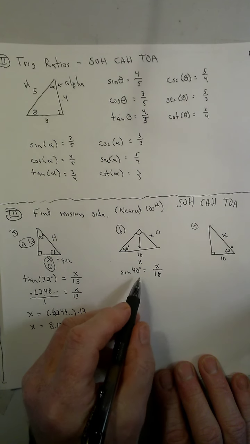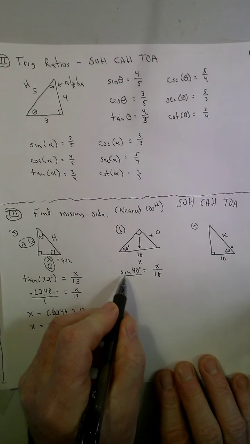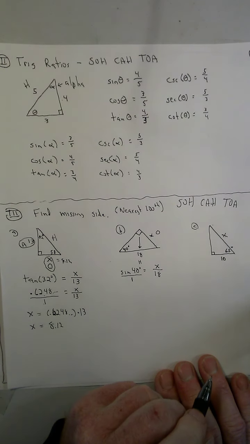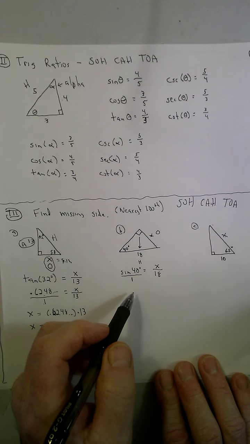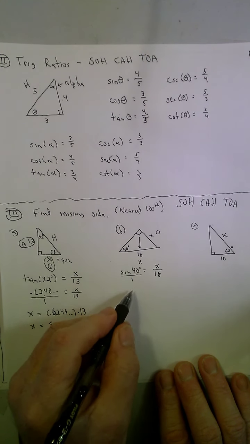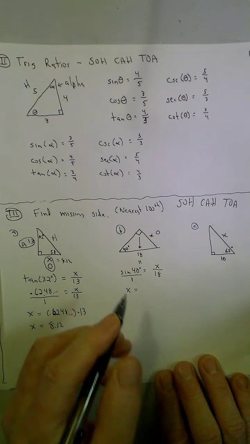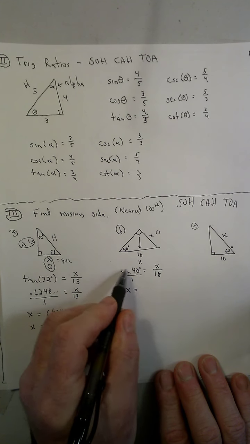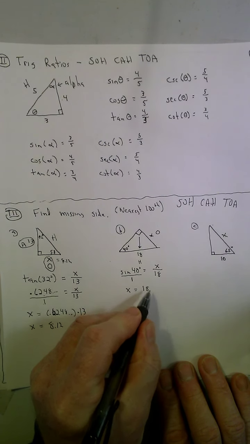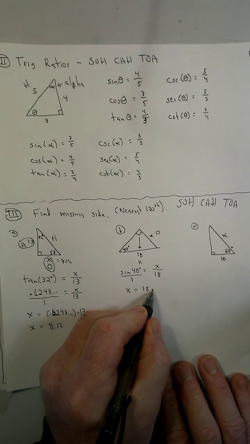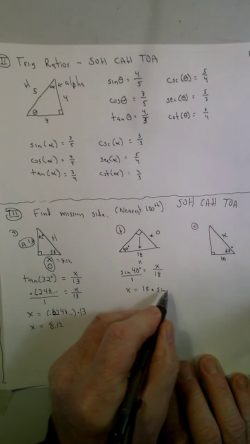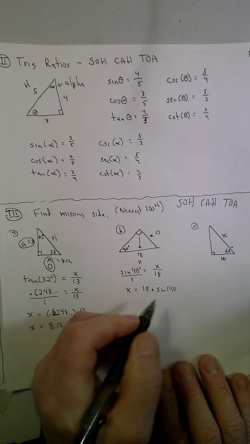1 times x is x, and then this number times 18, so I'm going to write 18 times the sine of 40 degrees. And you don't really need the degree in there, but that's okay too. All right, so now I know I just have to do this, and that just saves me from having to deal with a decimal.